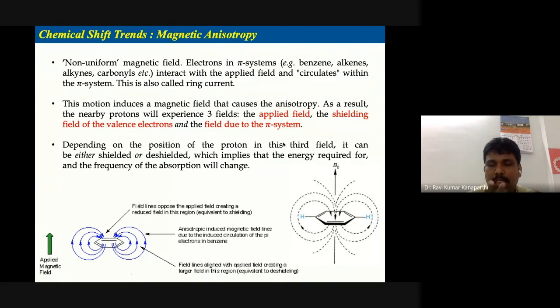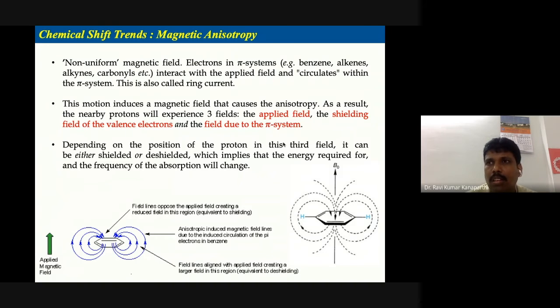What about an sp carbon? The sp carbon is more electronegative compared to the sp2 and sp3 carbons. Therefore, what do you expect for the chemical shift of an alkyne proton? Definitely everybody will expect it to be above 5.25. Why?